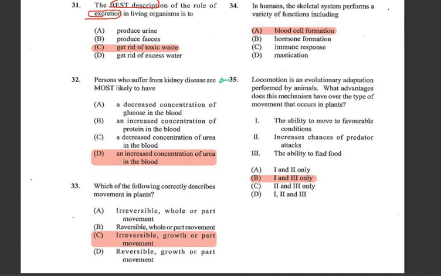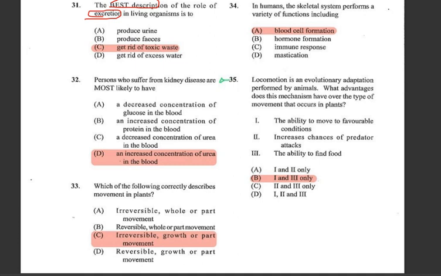We have a tree going right and another tree going left. For example, if the tree grows on the right hand side, we have, for example, the light. Where the light hits the tree, the tree would bend toward the light, so it would bend to the left. So that would be the reversible growth or parts movements.